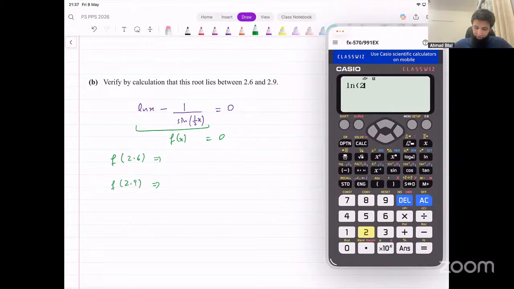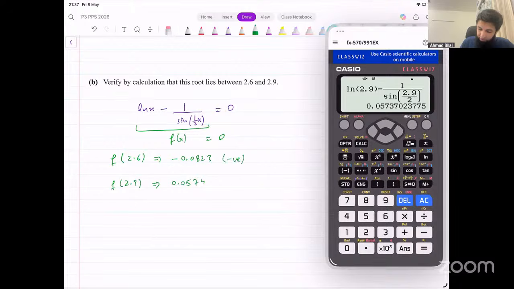ln of 2.6 minus 1 over sine of x over 2, which is 2.6 over 2. You can see what that is. This is turning out to be a negative number, minus 0.0823. Then you input 2.9 and see what that gives you. 2.9 gives you 0.0574.